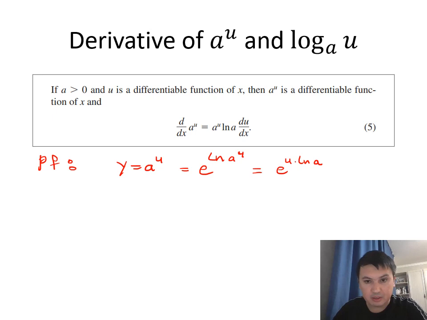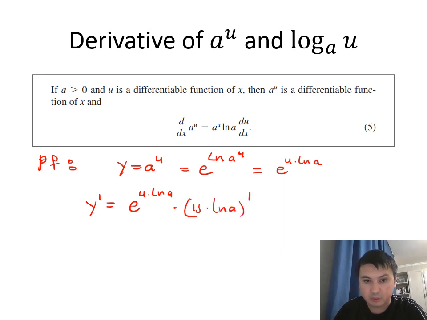Now we can go ahead and take the derivative of both sides. Then y prime is, what is the derivative of e to the u times ln of a? Ln of a is just a constant, right? So this is e to the u times ln of a multiplied by the derivative of the exponent.